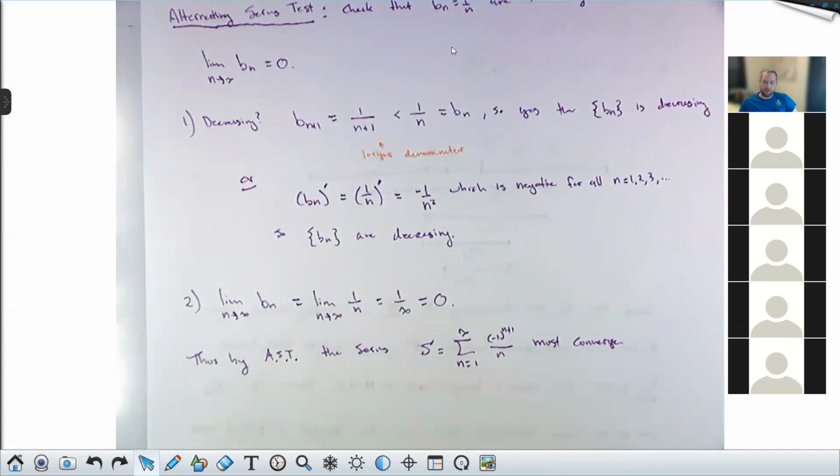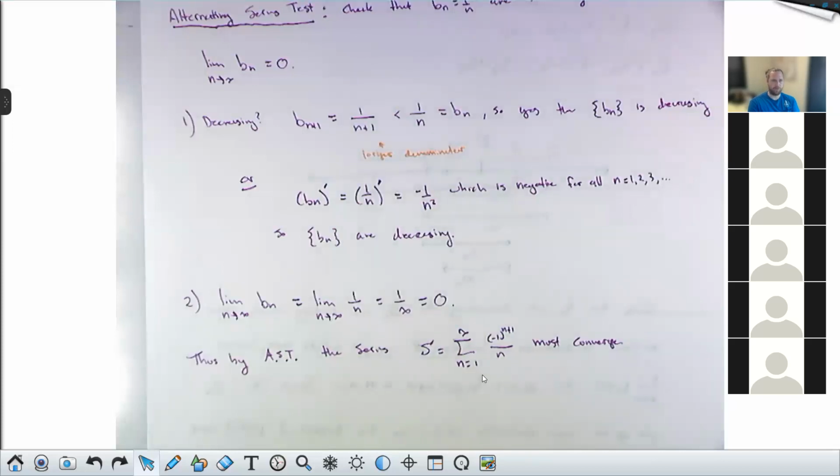Without the negative 1 to the n plus 1, this series diverges. Right? If you take away the alternatingness and you just look at sigma 1 over n, that's the harmonic series, which diverges. So making that series alternate changes it from a divergent series to a convergent series, which is pretty cool.